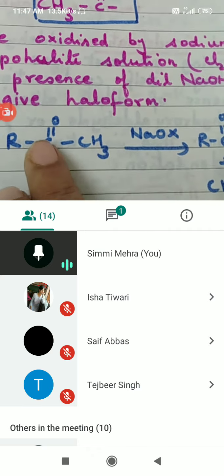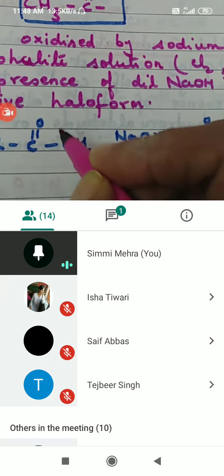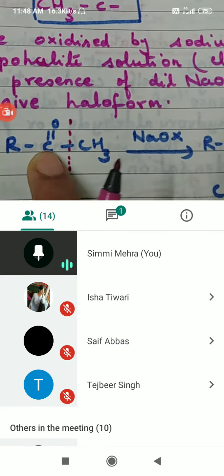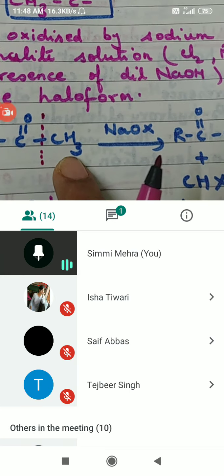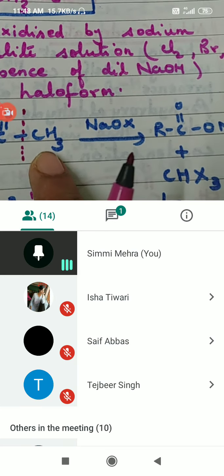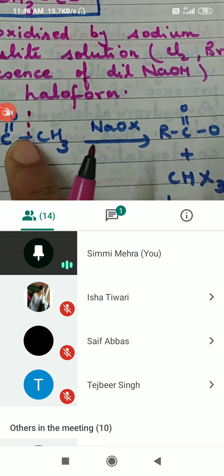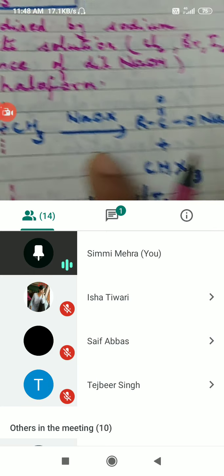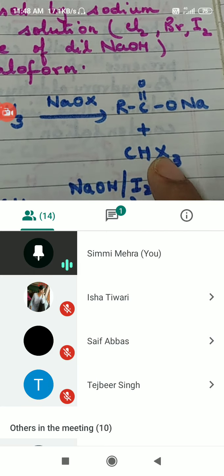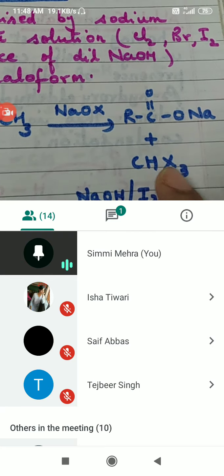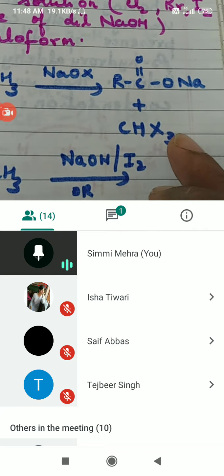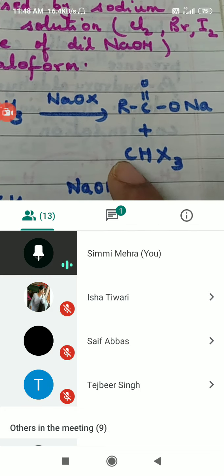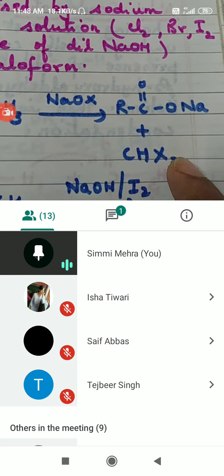Okay, what will happen? This will be cleaved from here. This will change into acid, and here we have three hydrogens, all of them get replaced by halogen atoms, and we get this compound CHX3. This is known as haloform, but if it is iodine, it will be CHI3, that is known as iodoform.